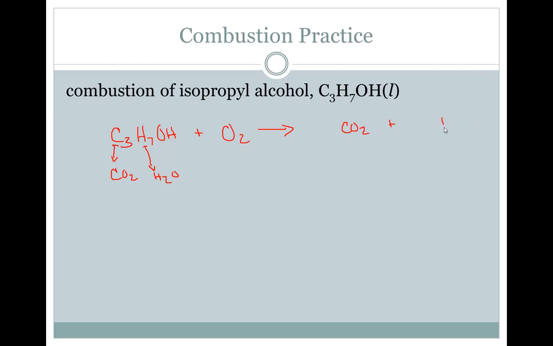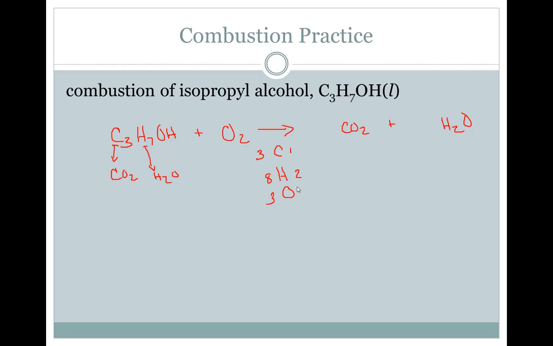Okay, now let's try to balance this. This one's going to be a little bit more difficult. C, H, and O. I have 3 carbons on the left, 1 on the right, 8 hydrogens on the left, 2 on the right, and 2 and 1 here, so I have 3 oxygens on the left, and 2, 3 on the right.